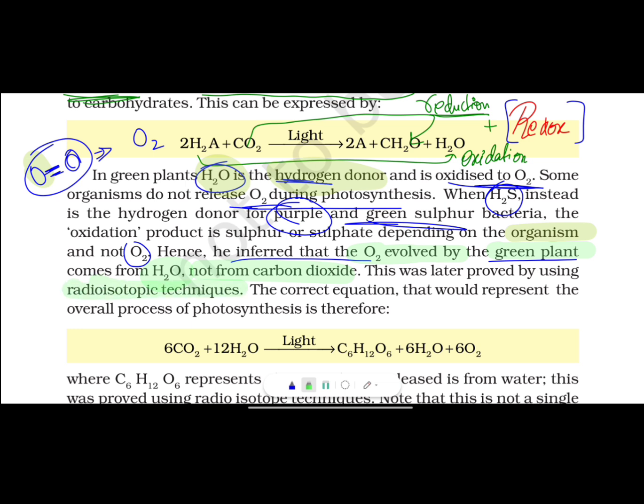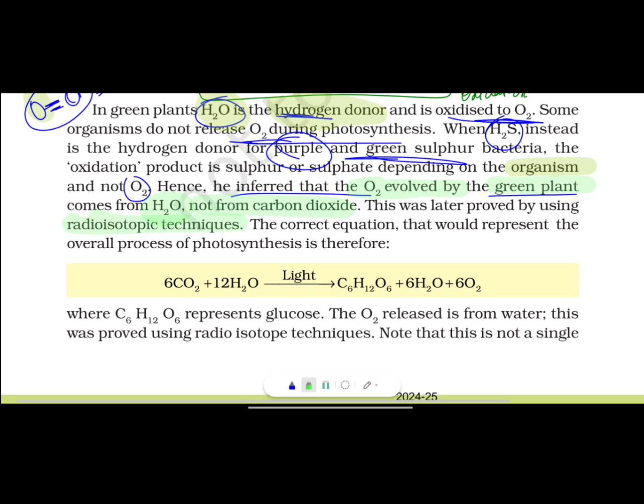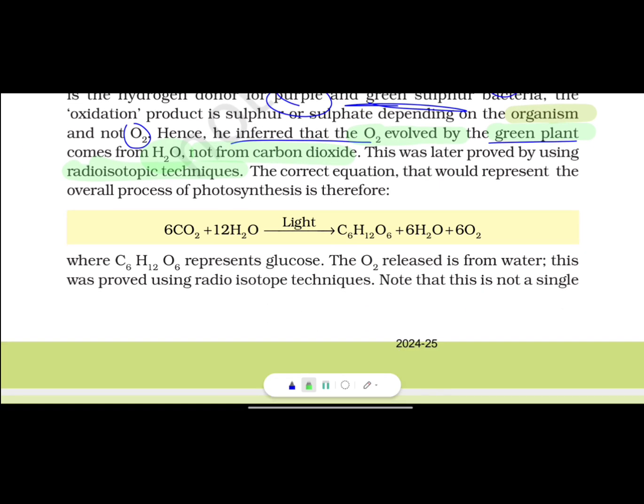The correct equation that represents the overall process of photosynthesis is therefore very important, and we should never forget it: 6CO2 plus 12H2O give rise to the glucose formula plus 6H2O plus 6O2.